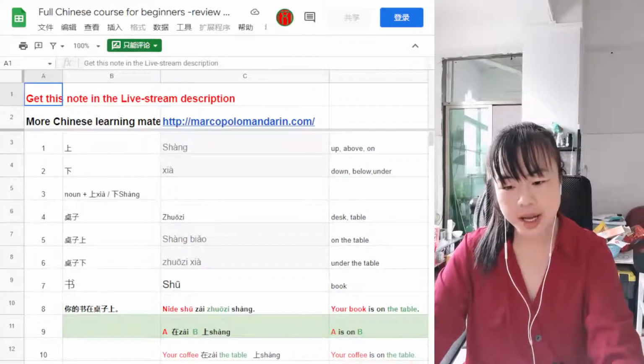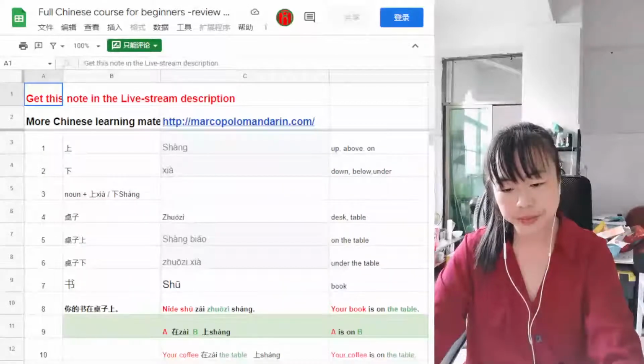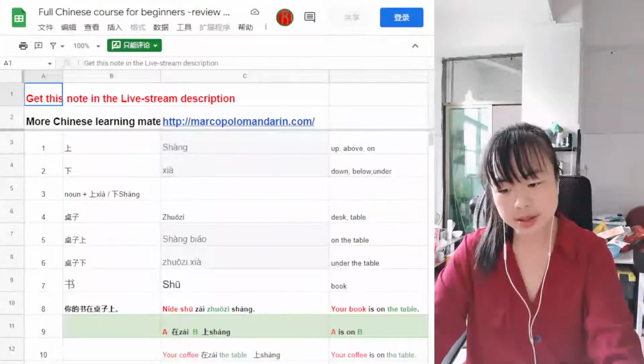So A, I also mark it as red. And B, I also mark it as green.